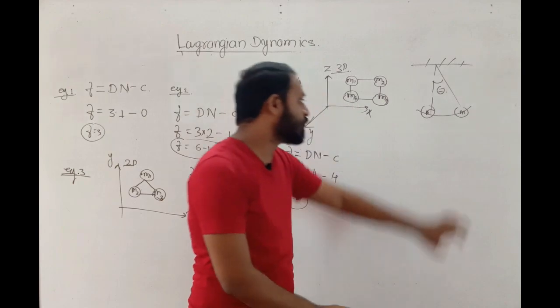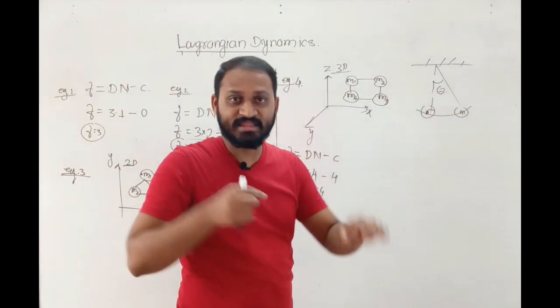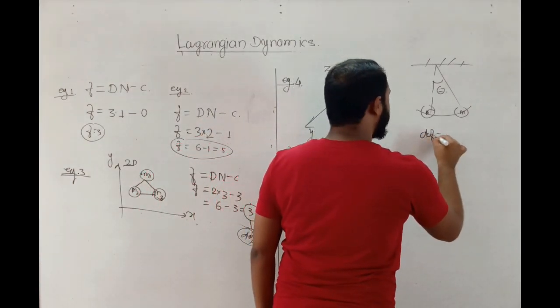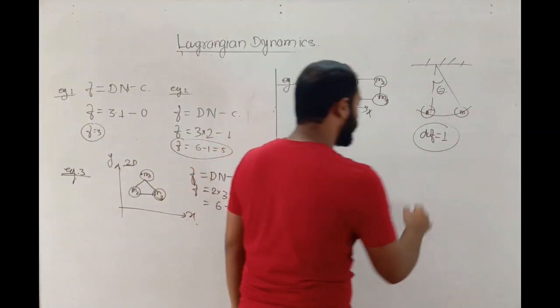To describe the motion of a simple pendulum, you require only one variable, theta. Therefore, degree of freedom is how many? 1. Now see, we will look at one more example.